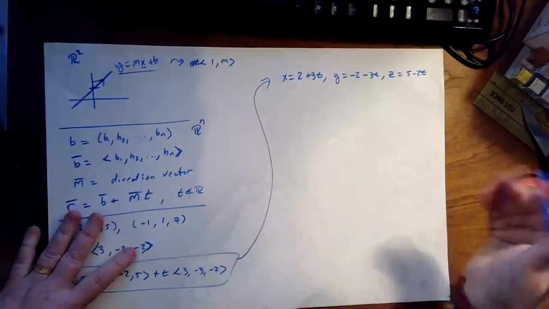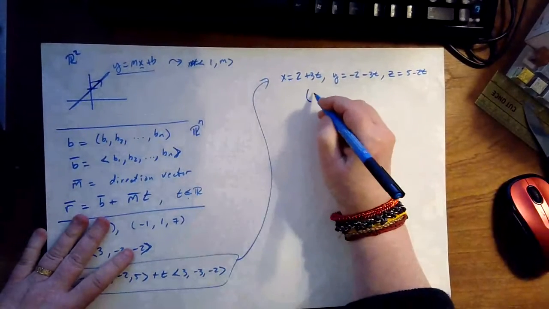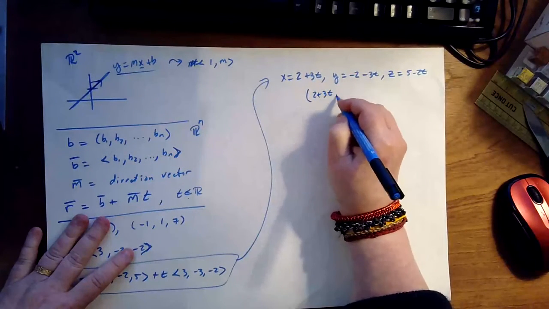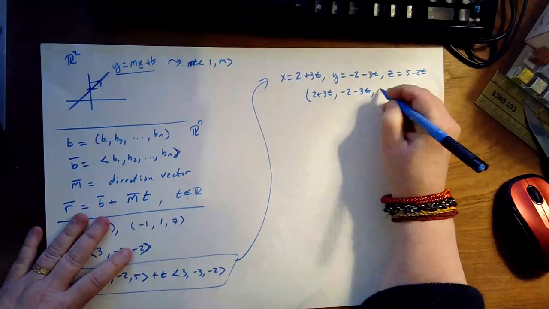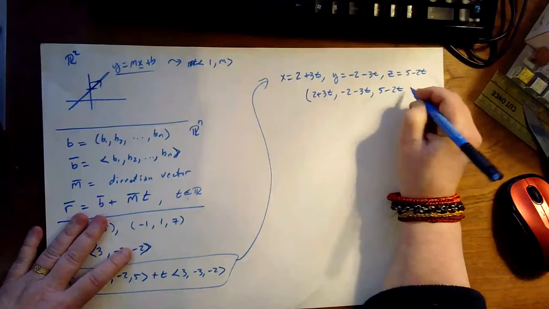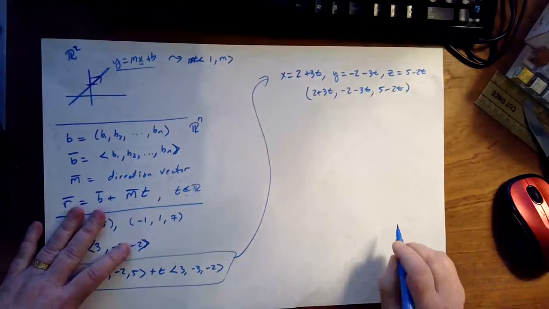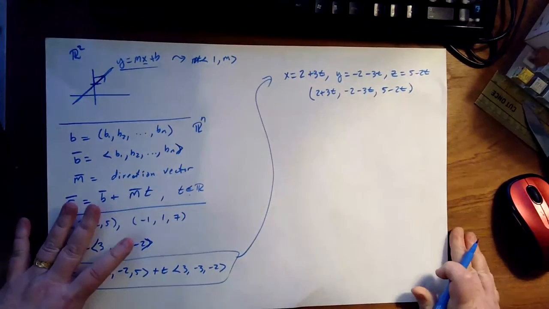Now that looks too messy. We can also just write it as (2 plus 3t, -2 minus 3t, 5 minus 2t). All legitimate ways to describe a line in 3 space.